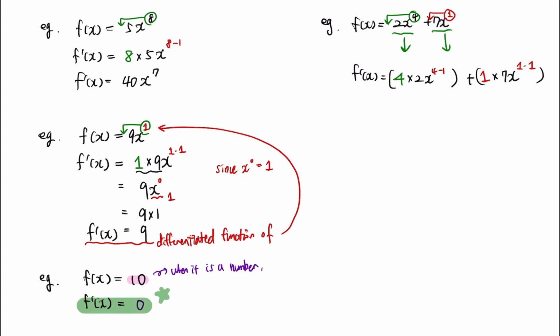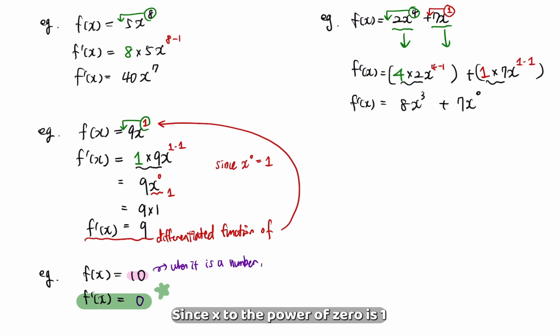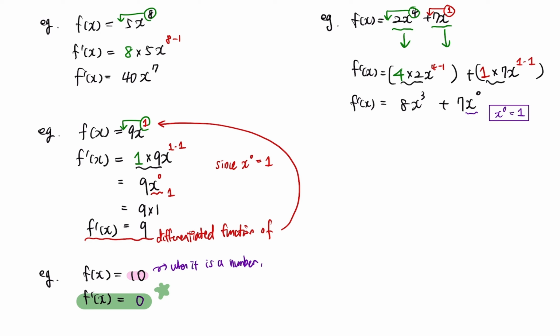Then the result is now 8x to the power of 3 plus 7x to the power of 0. Since x to the power of 0 is 1, the final result is now 8x to the power of 3 plus 7.